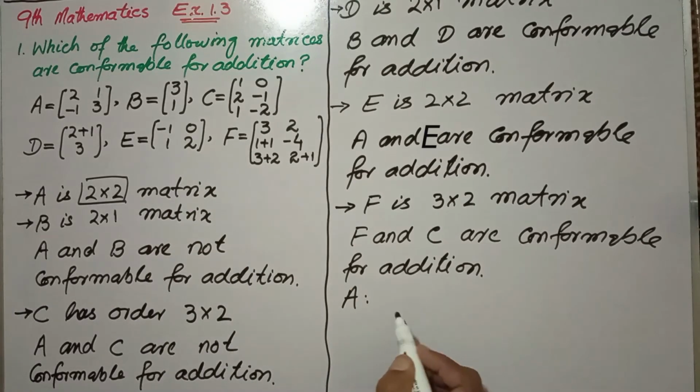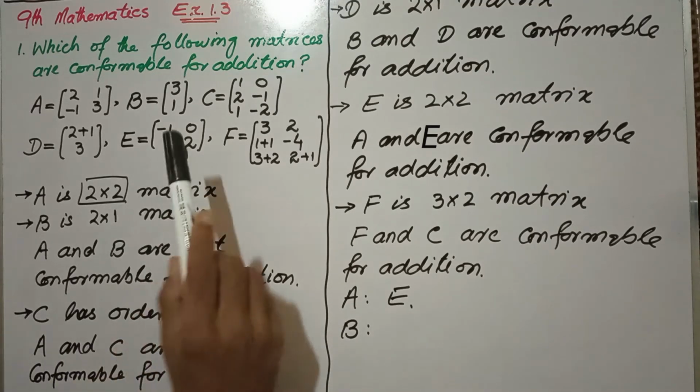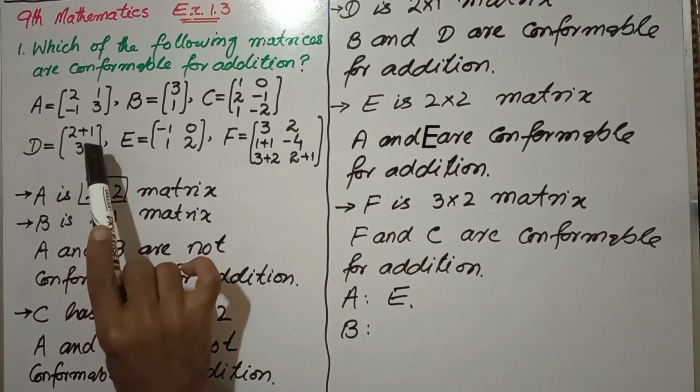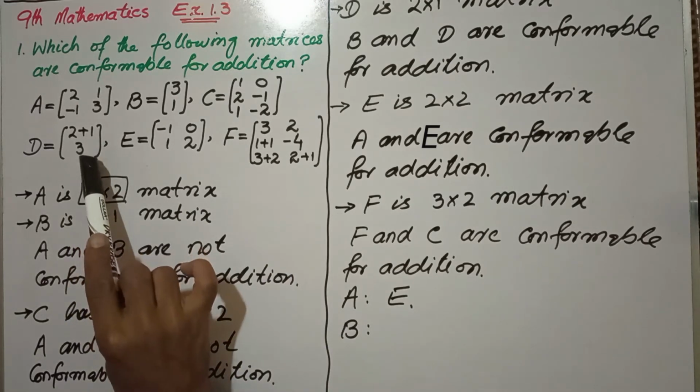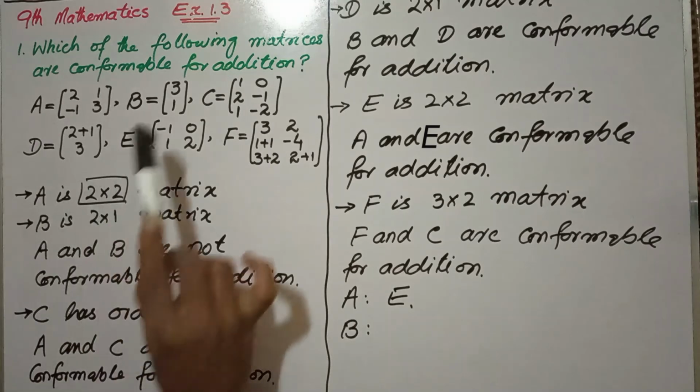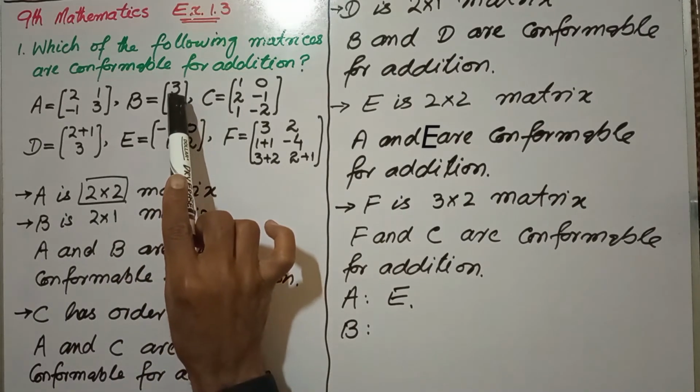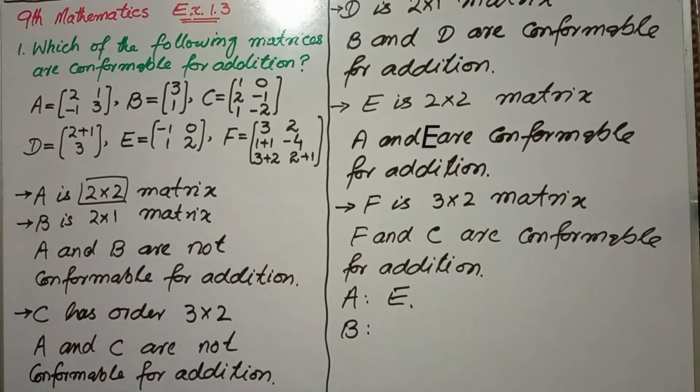So the only matrix which is conformable for addition with A is the matrix E. Similarly, only the matrix D is conformable for addition with the matrix B, because both matrices have the same order, 2 by 1.